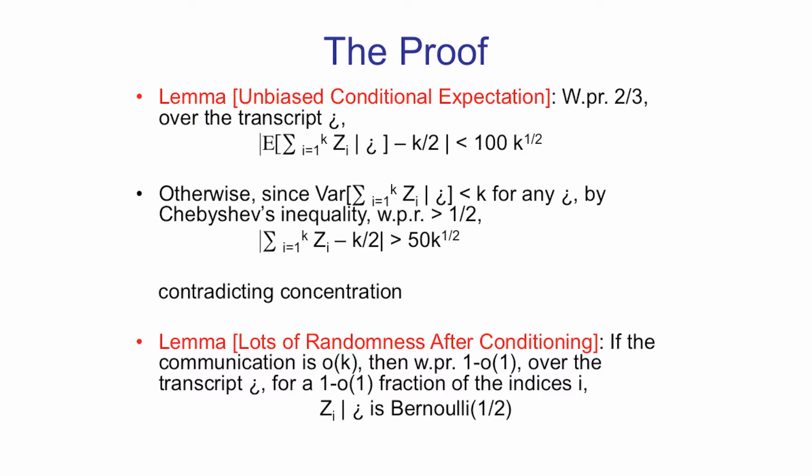If your communication is little o of k, this means you have at most 2 to the little o of k transcripts, which means that for a typical transcript, you have many inputs going to it. You have 2 to the k minus little o of k inputs going to the same transcript. If I'm fixing all of those bits, then I don't have enough inputs going to that transcript. So that's why most of them still need to be Bernoulli 1/2.